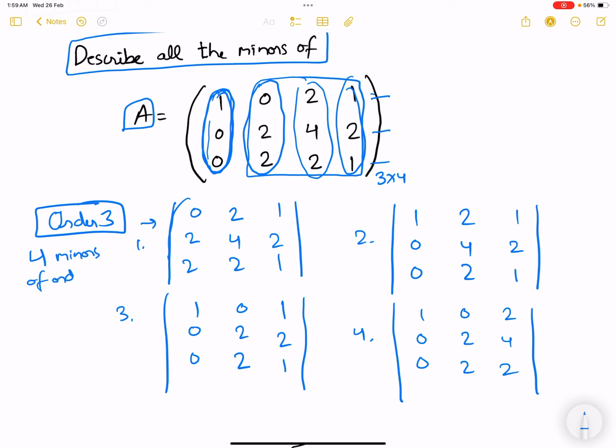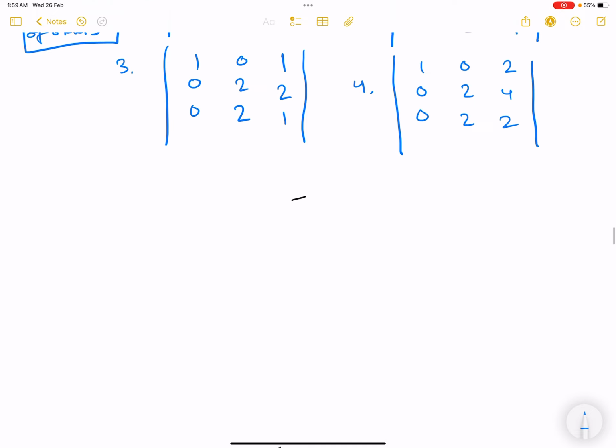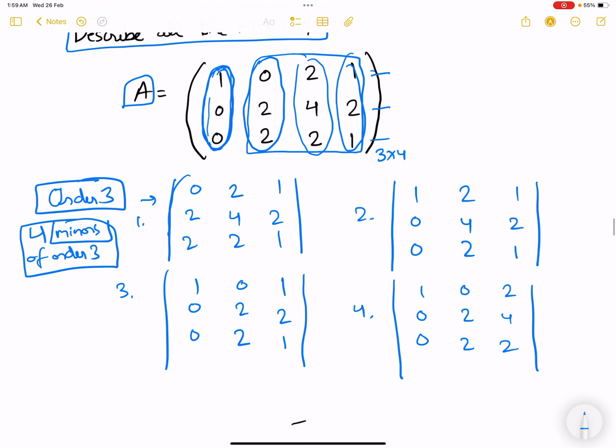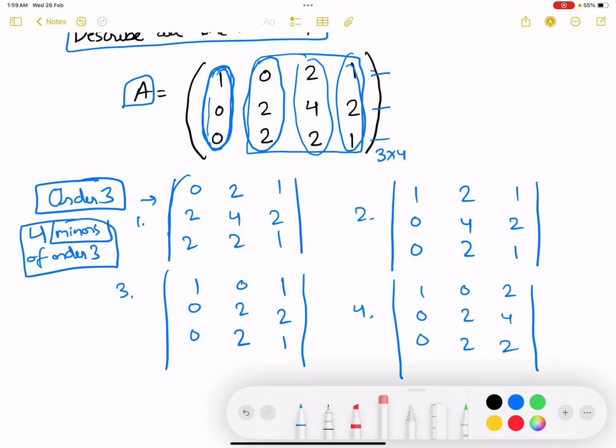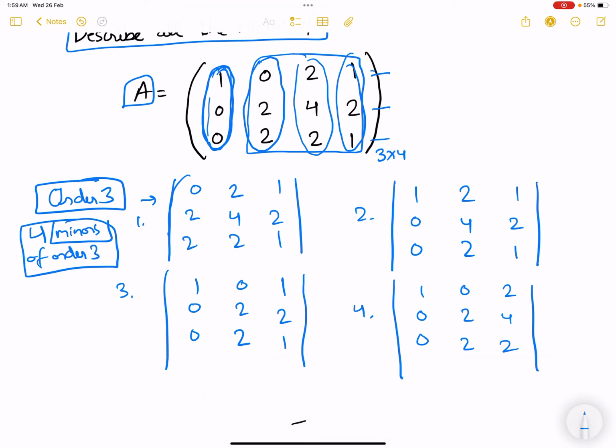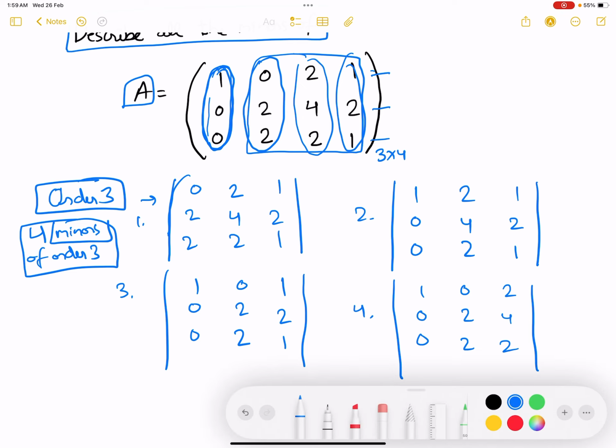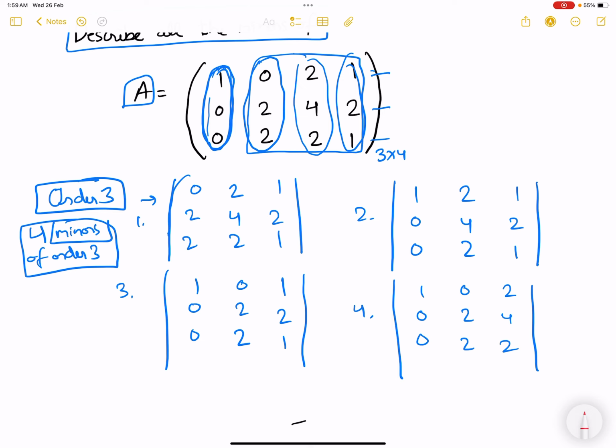I'm telling you about the minors because this would help you in finding the rank of a matrix as well in the next few classes. In this we will study. Okay, so we have this. Now I'm marking in red the 2 cross 2 minors that we'll have. Firstly, talking about 1 cross 1 minors, minors of order 1.